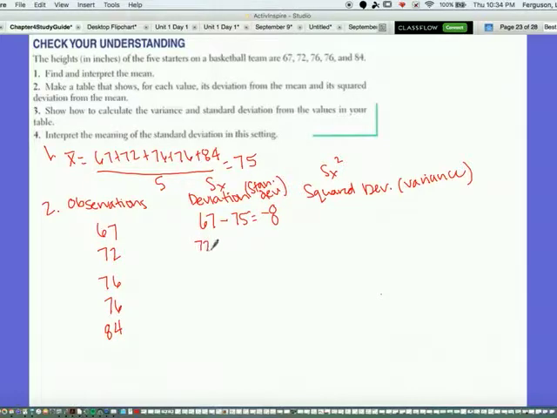Then 72 minus 75 gives us negative 3. Then 76 minus 75 to get 1. Another 76 minus 75 to get 1. And 84 minus 75 to get 9.